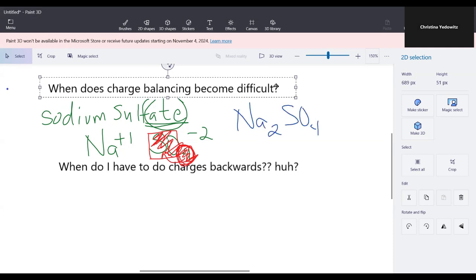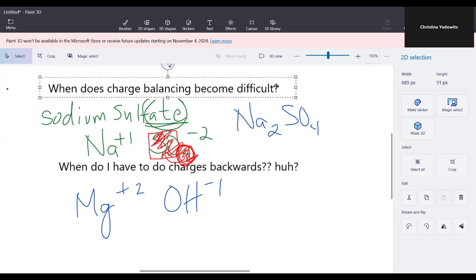But what if I got a different situation? What if I had magnesium with a +2 charge and hydroxide, a polyatomic with only a -1 charge? This creates a problem because if you, you know what, let me not even use that example. Sorry, you guys. I want to pick somebody who has a subscript, because I think this is visually confusing for you.